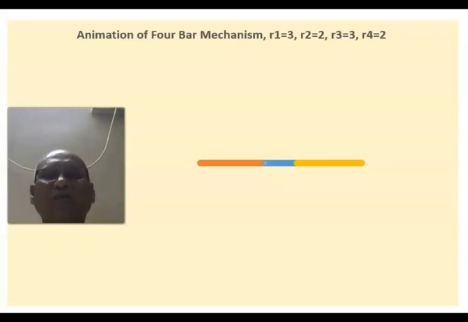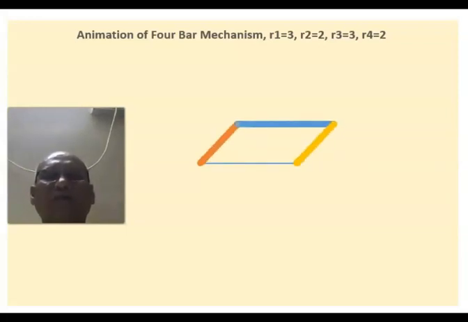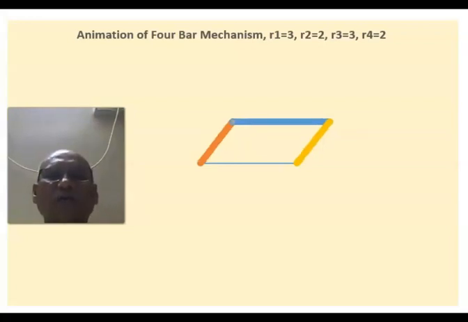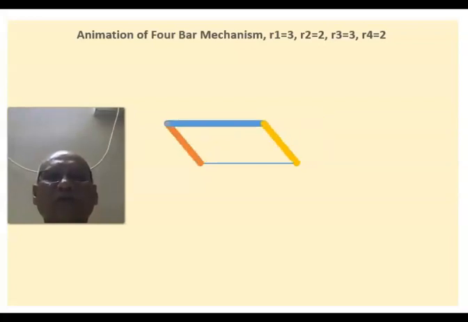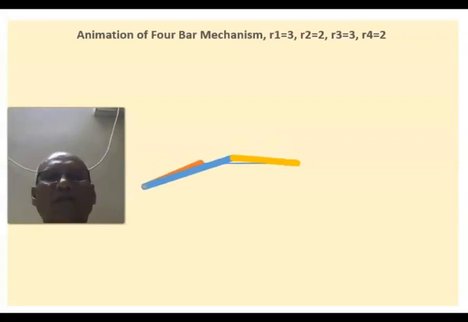R1 is the base link length, and R2 is the crank, R3 is the coupler which length is 3, and R4 is the follower. So this is our 4-bar mechanism, and you can see how it rotates and takes the shape with rotation at different angles.